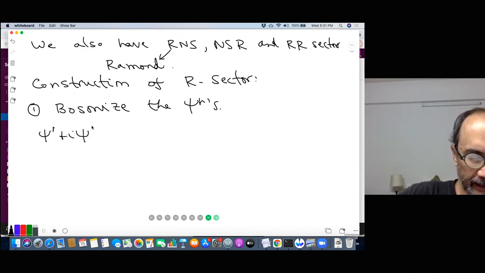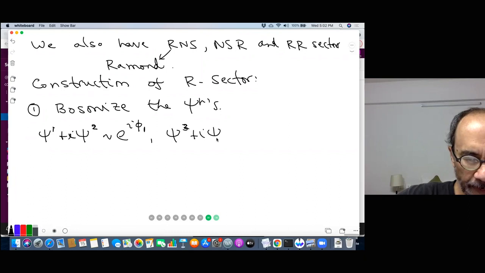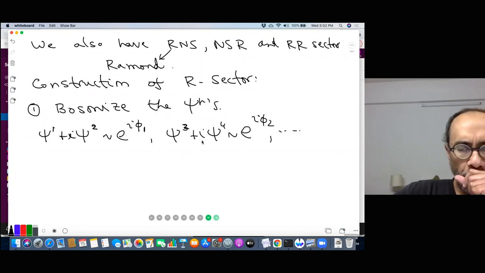It's easiest to do this in the Euclidean formulation, but then you can go back to Minkowski signature: psi1 plus i psi2 as e to the i phi 1, where phi 1 is a boson. Similarly, psi3 plus i psi4 as e to the i phi 2, and so on. So you get 5 bosons this way.